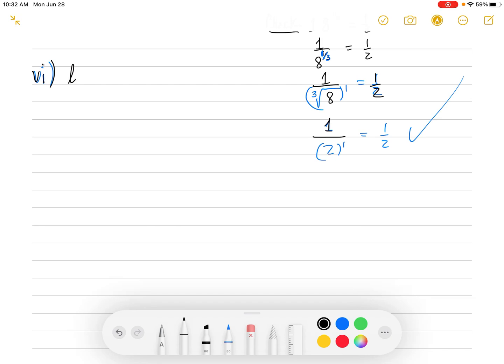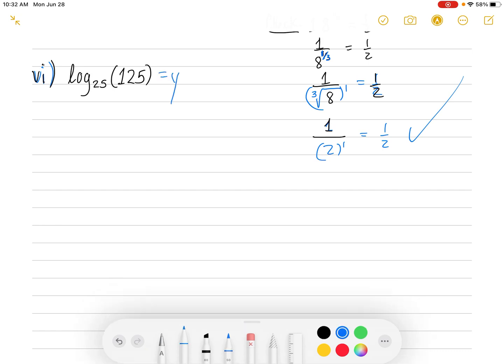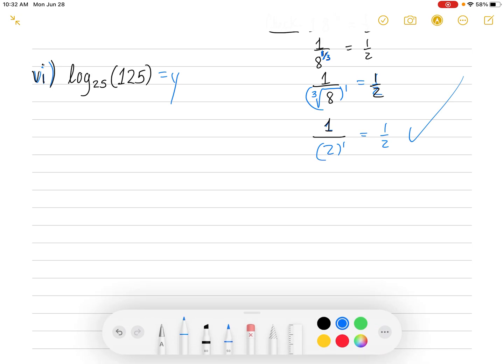Let's do number 6. I have log base 25 of 125.